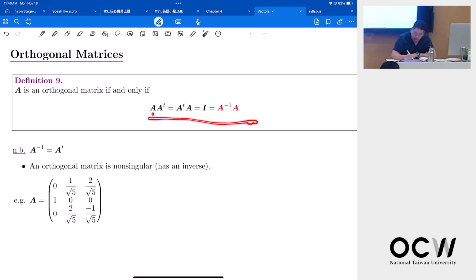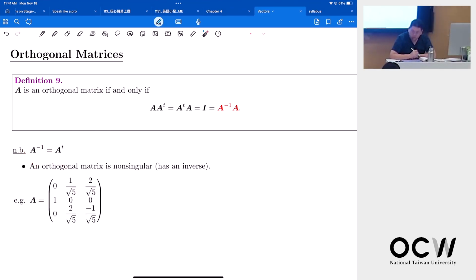First, orthogonal matrix. We say A is an orthogonal matrix if and only if A times A transpose equals A transpose times A, and no matter how you change the order, the answer is an identity matrix. Since it is an identity matrix, that means A inverse is A transpose.